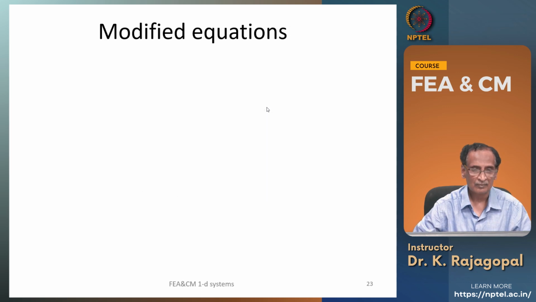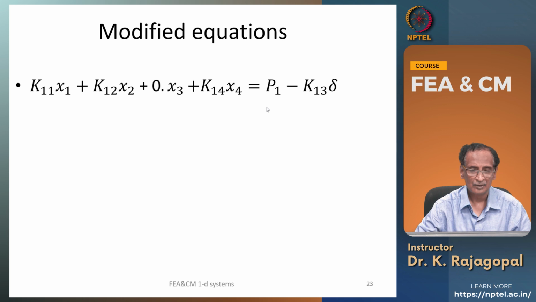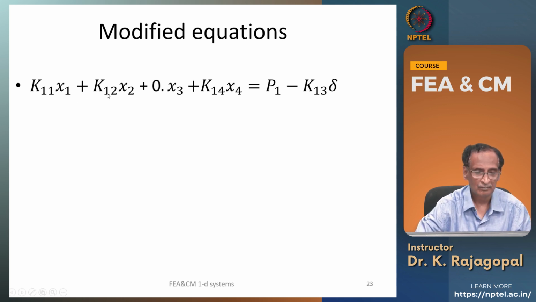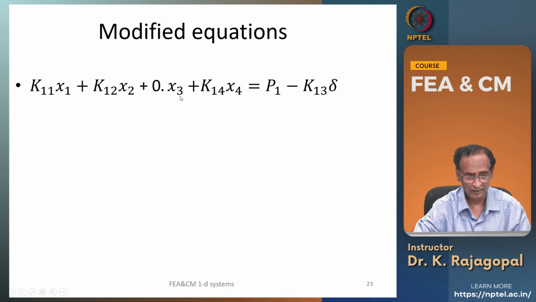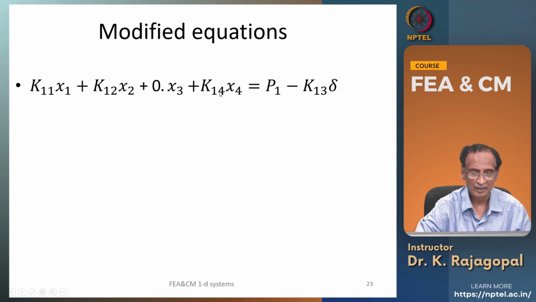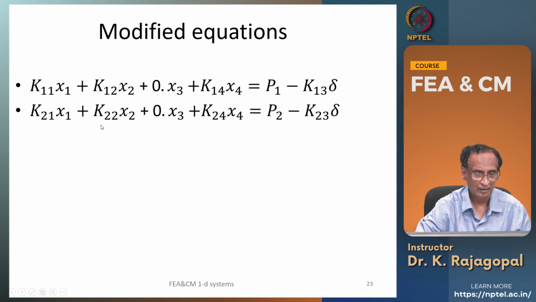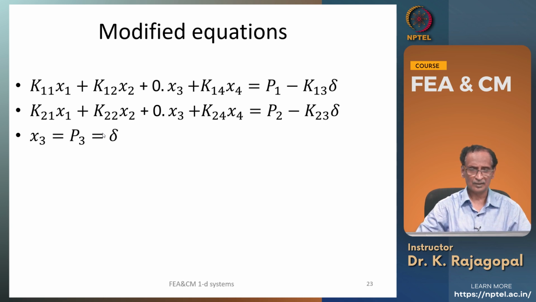And so, our first equation will be k11 x1 plus k12 x2 plus 0 times x3, because k13 we have taken to the right hand side, plus k14 x4 is equal to P1 minus k13 delta. Similarly, the second equation, and then the third equation is a trivial equation, x3 is equal to delta.